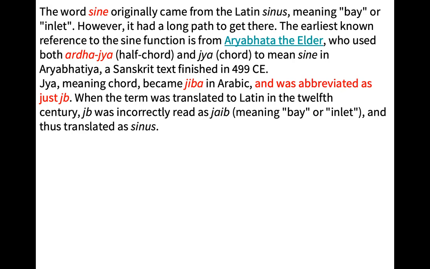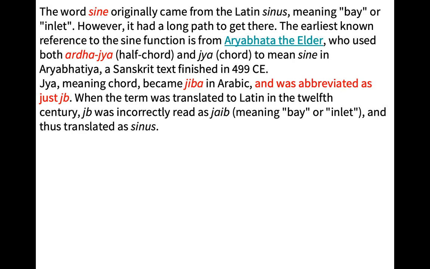Okay, so the Dark Ages start coming to an end, and all the smart people like, well, all the books that survived were in Arabic. Now we've got to translate them back into Latin. So some knucklehead, who probably wasn't a math person, looks at this and says JB. They read it as literally J-A-I-B, because I guess that sounds the way this is spoken, something like that.